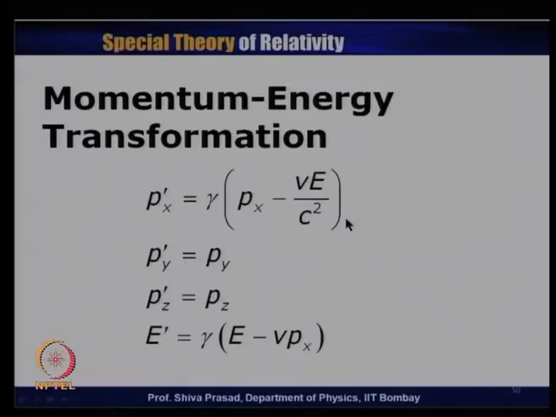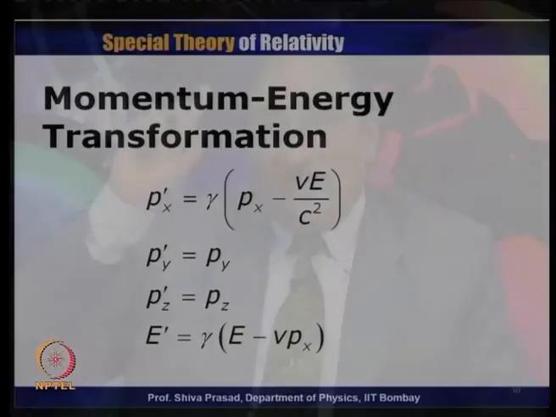So it's just to remember. But we realize the fourth component was totally different. Here the fourth component is iE by c. There it was ict. Here it's iE by c. So that makes a difference.